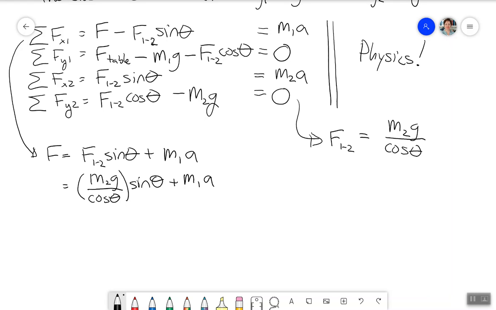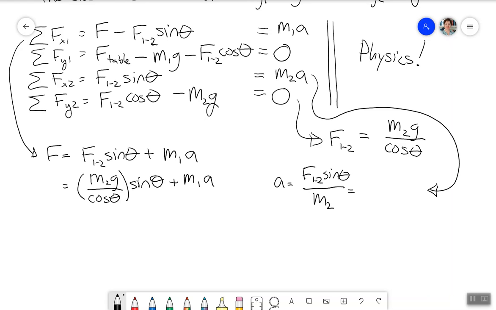Uh-oh, I don't know what A is either. Oh, well that's okay. I don't know what A is, but I can use this third equation and I can find that A is equal to F1-2 sine theta divided by M2. Oh, and I just found in the previous line what F1-2 is.